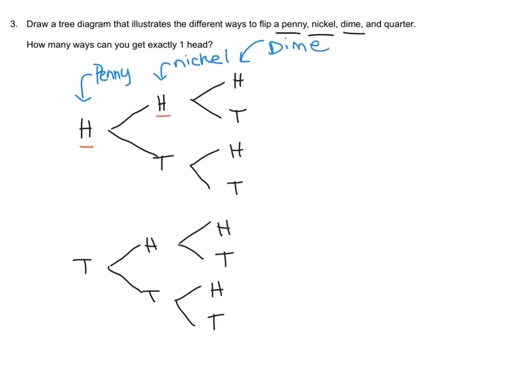So the third column of outcomes is the dime. Now lastly, I'm going to flip a quarter. And I'll just add branches again to each previous branch. And since there's only two outcomes for flipping a quarter, heads or tails, I'm just going to keep on writing heads and tails on my branch for flipping a quarter.